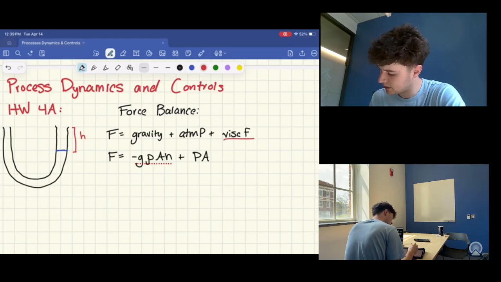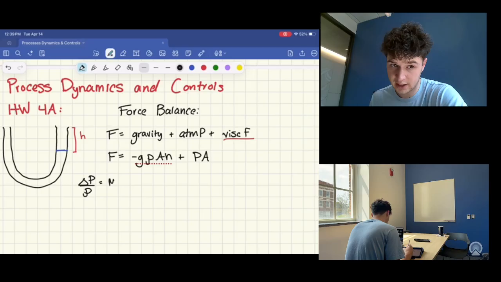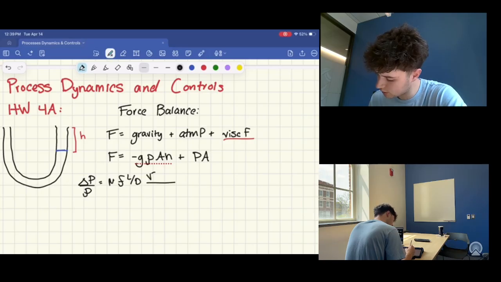So now we also have to break down this equation here. So we're going to bring this down, and you get an equation, delta P over rho is equal to our mu value times f over length divided by diameter multiplied by our velocity average squared over 2.